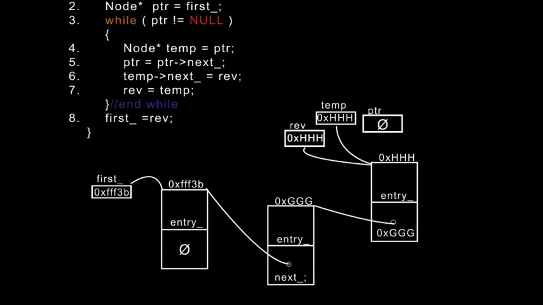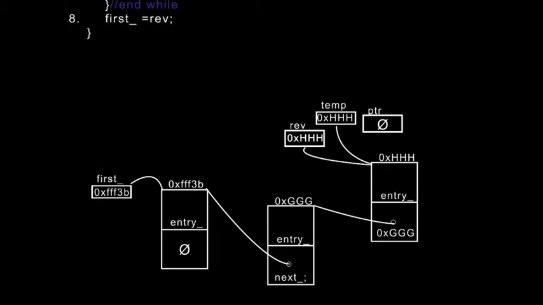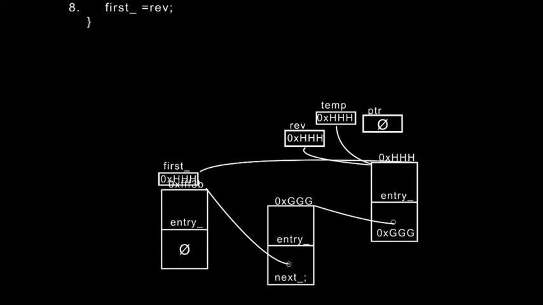Is the pointer's value null? Oh, wait a minute. Yes, it is. We're out of the while loop. We now jump down to line 8. At line 8, it says take the value that's in rev, which is pointing at the last node, and put it into first. This will effectively move first to the end of our list, or if you want to think of it another way, the beginning of the list going the other way, as there is no real direction.